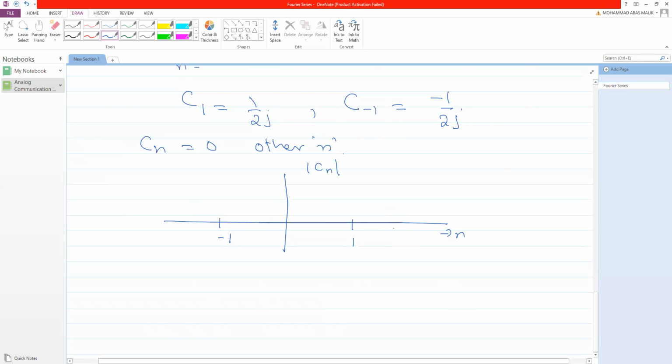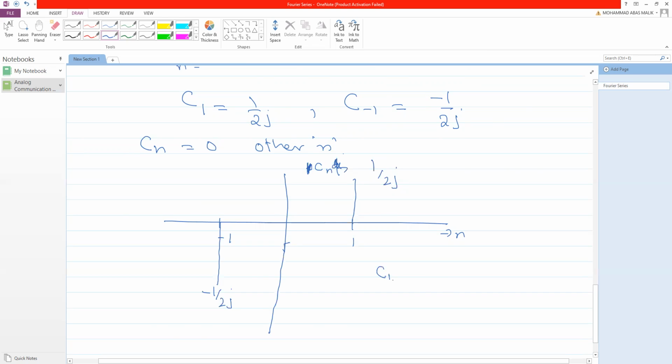Otherwise, not magnitude, you just write the Cn value. At 1, the Cn value is equal to 1 by 2j. At minus 1, it will be equal to minus 1 by 2j.